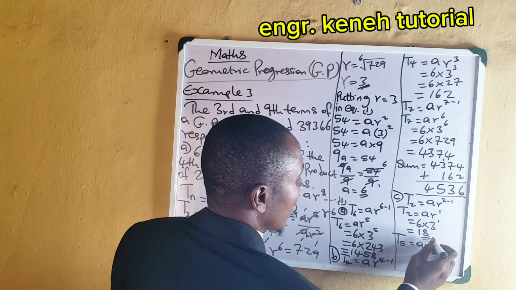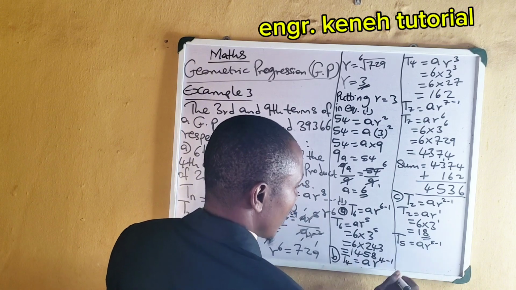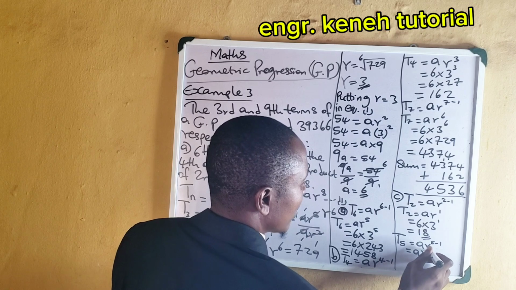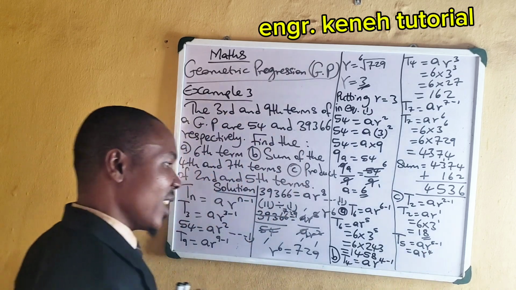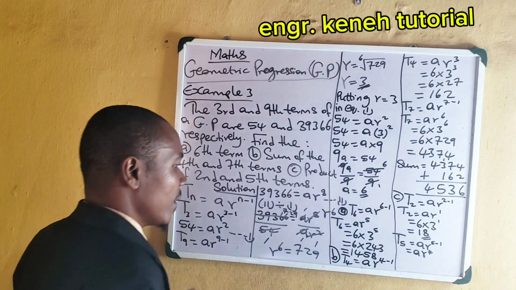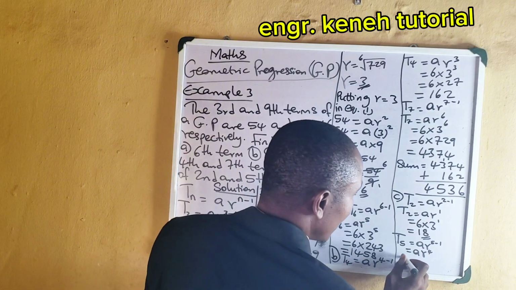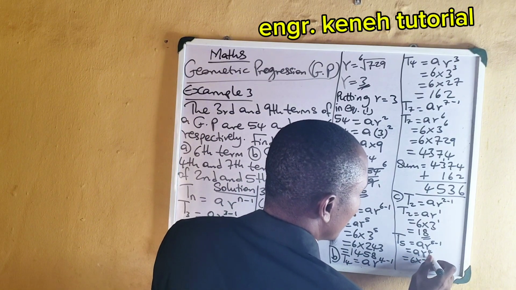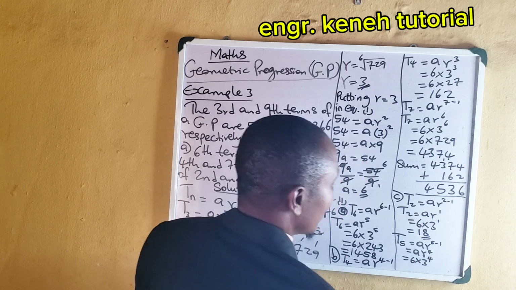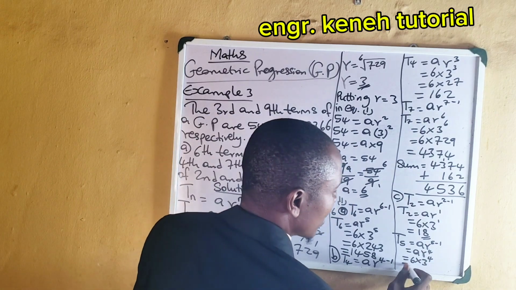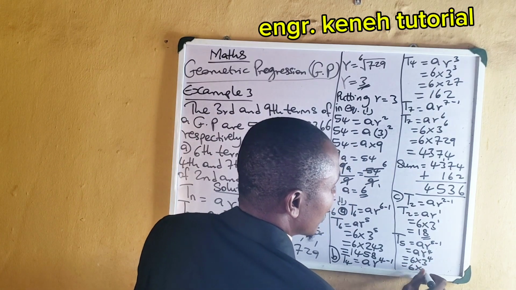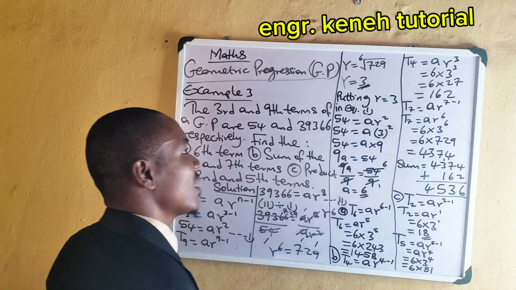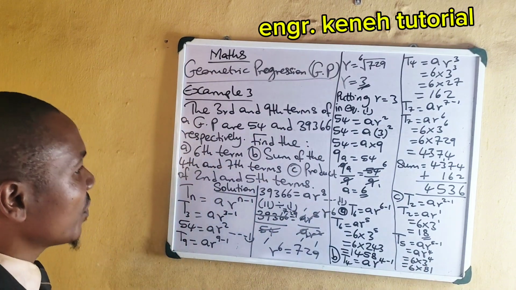Next one we have is T5, that is the fifth term. We have 5 minus 1, so this will give us A, with this raised to the power 4. Can you see that? So now A is 6, and this one is 3 raised to the power 4, which gives us 81. So we have 6 times 81.